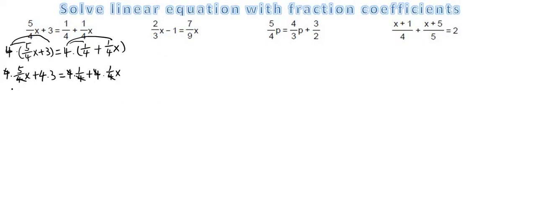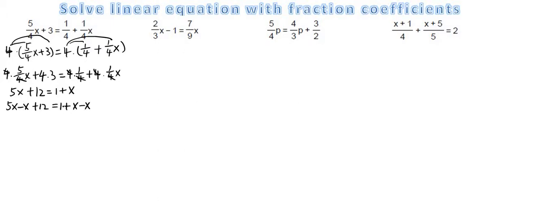We can simplify it: 5x plus 12 equals 1 plus x. Now on the right hand side we have an x term. We want to remove it. How to remove it? We're gonna subtract x for both sides.